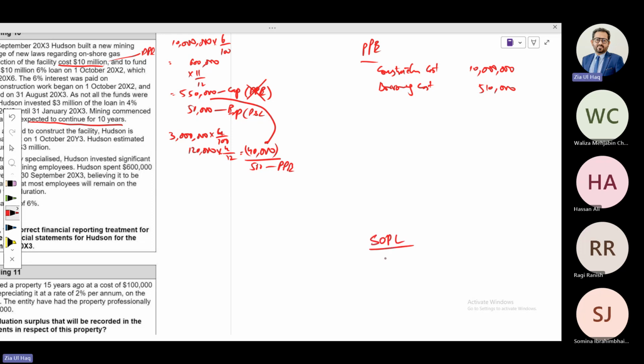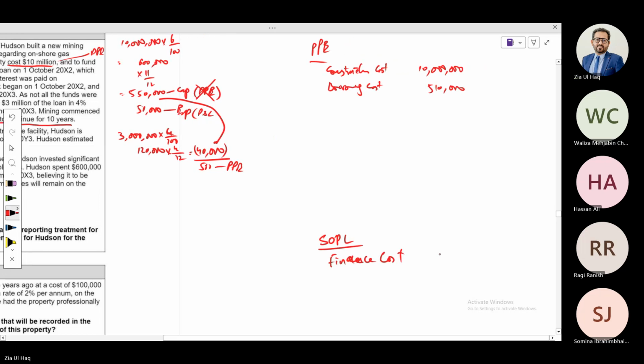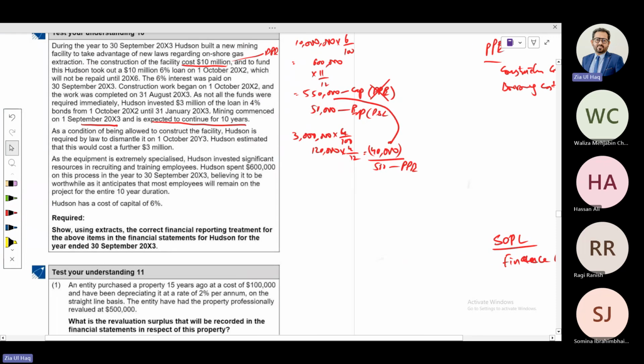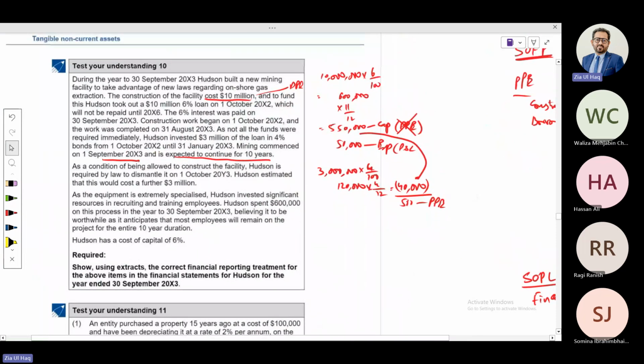So interest, meaning finance cost, should be charged how much? 50,000. So this part we have done relating to borrowing cost. The remaining investment income.